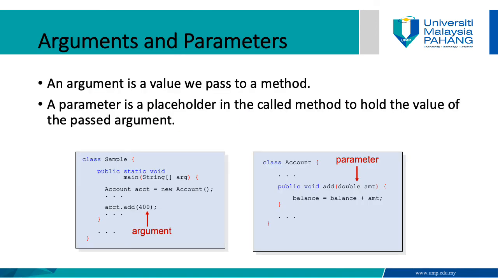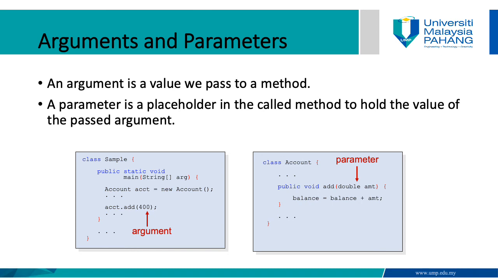Now moving on to arguments and parameters. As you know, at the beginning of this chapter in the previous lecture slide, I already mentioned that when we define a class, you must have the parameter and you must have the arguments.